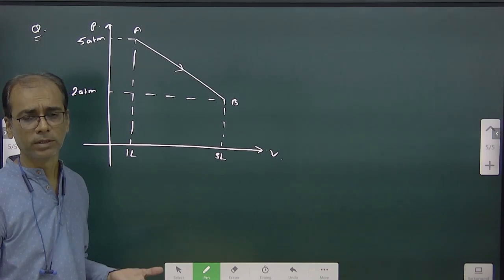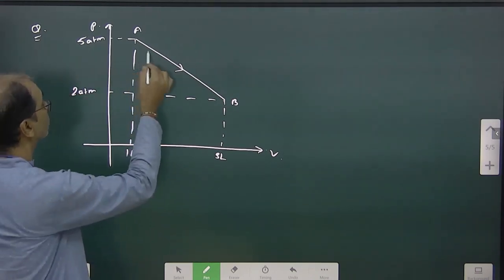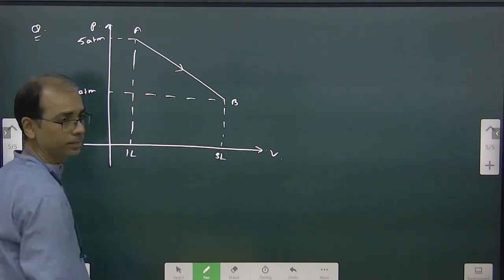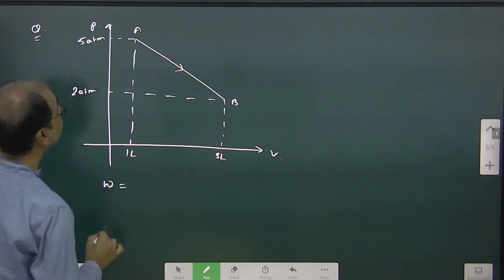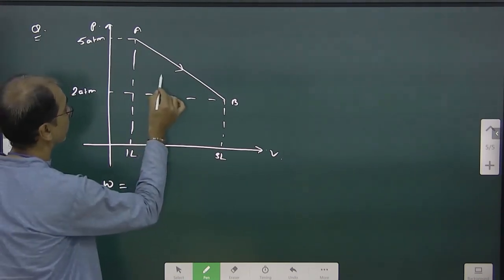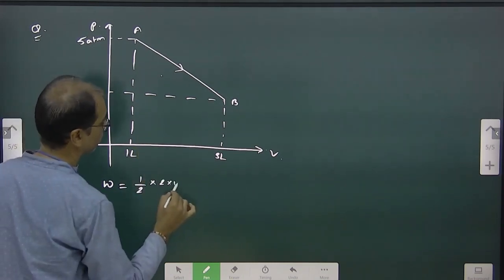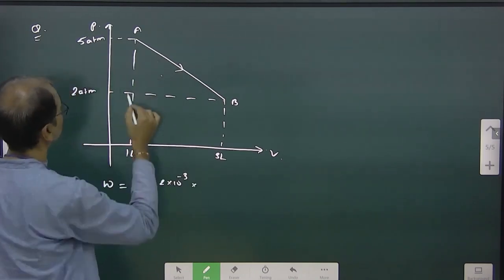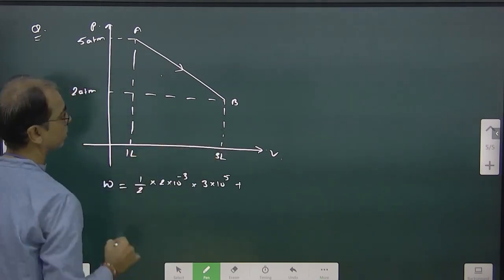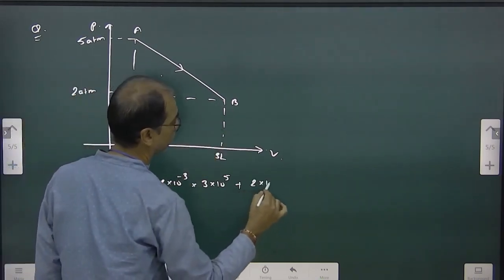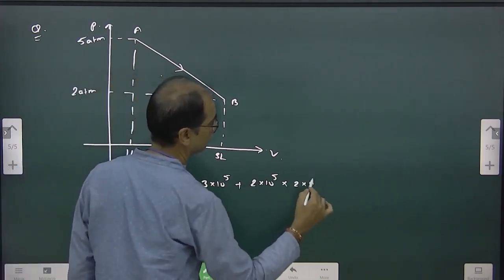Here also we can find it very easily, right? And how much will be the work? Same thing, like the area under this. So if you are finding the area under this, work done is, again, if suppose we take a triangle, half base is 2 liter, so 2 into 10 to the power minus 3. Height is 3 atmospheric, so 3 into 10 to the power 5. Plus rectangle, so 2 atmospheric: 2 into 10 to the power 5 into base 2 liter, 2 into 10 to the power minus 3.